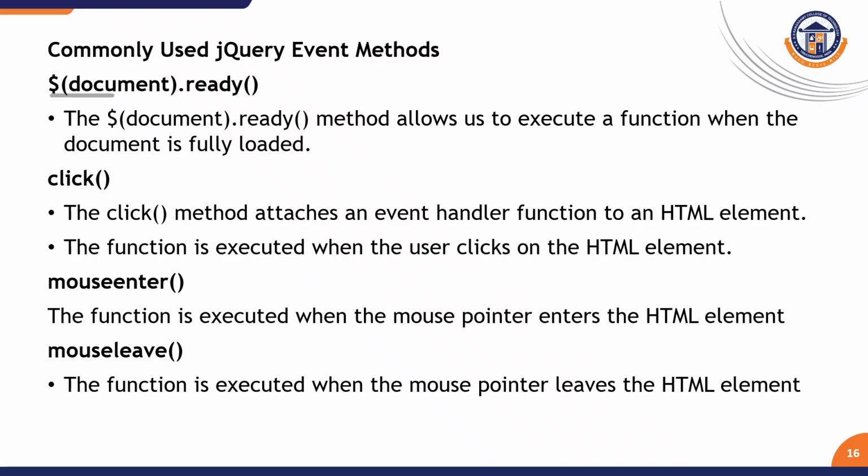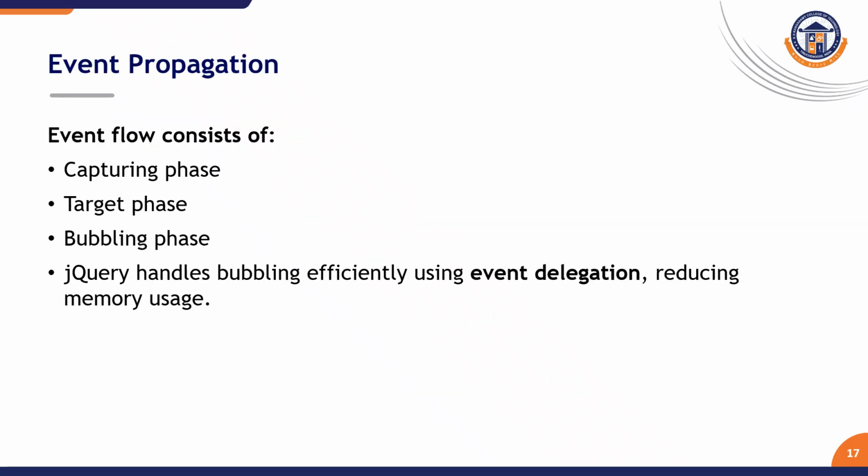The function is executed when the user clicks on the HTML element. Mouse enter: this function is executed when the mouse pointer enters the HTML element. Mouse leave: this function is executed when the mouse pointer leaves the HTML element.